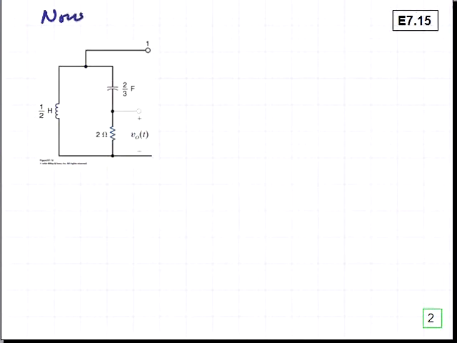Now for t greater than 0, the switch is open as far as our response of the circuit is concerned.